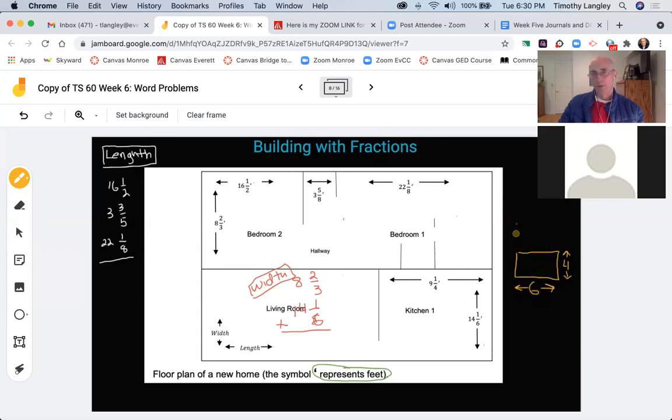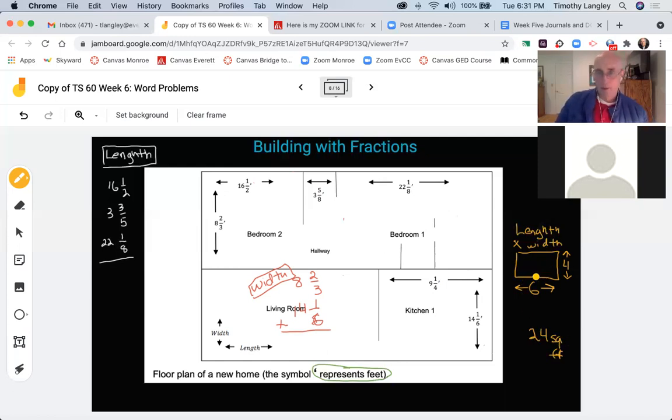So if I just put down length times width. All right, so 4 times 6 is 24 square feet, okay? That is the square feet of this small little house here.